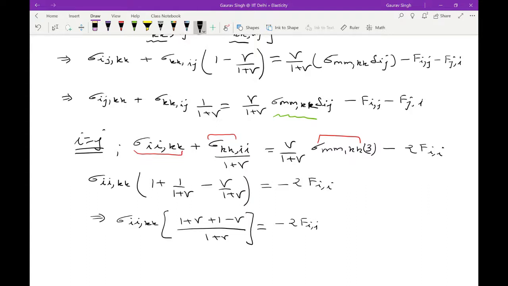Now it is said that after contraction, we should get sigma i comma kk is equal to minus 1 plus nu by 1 minus nu, f i comma i.